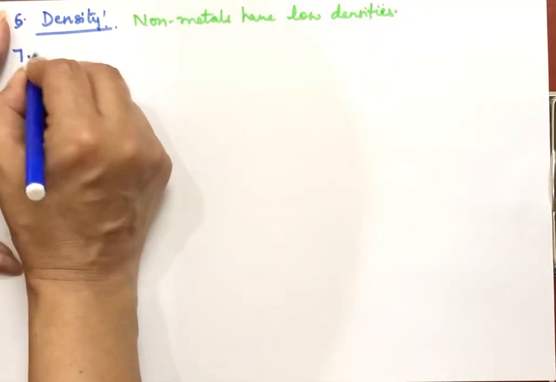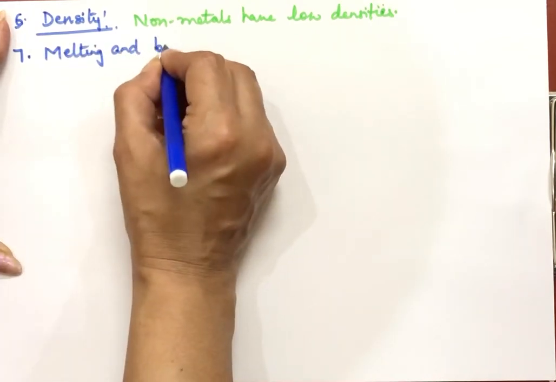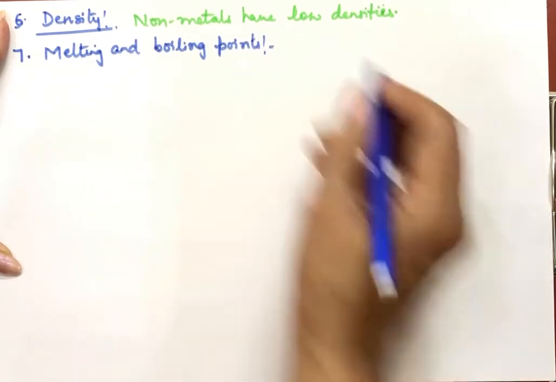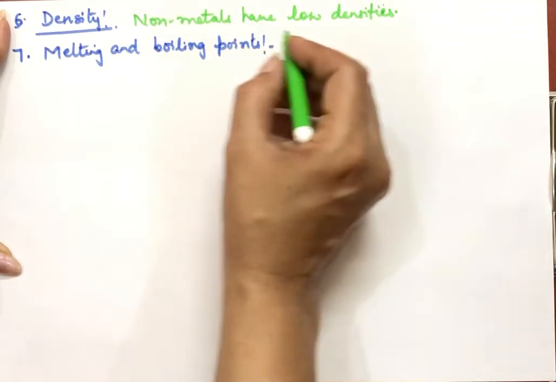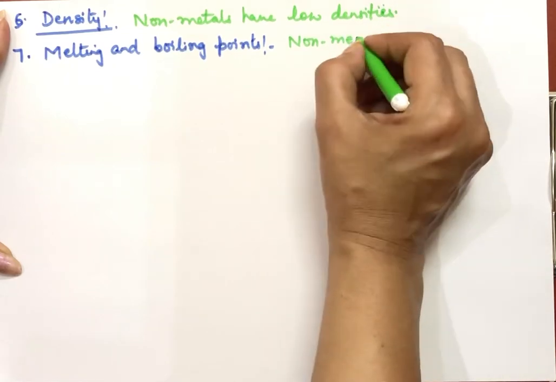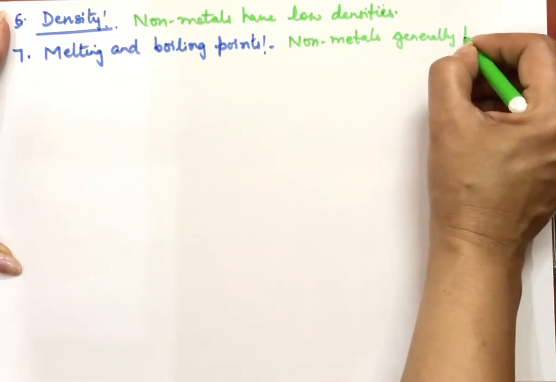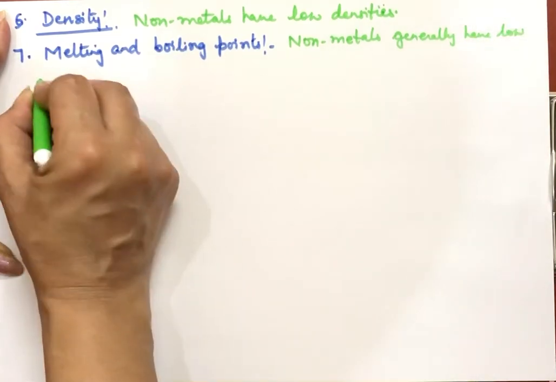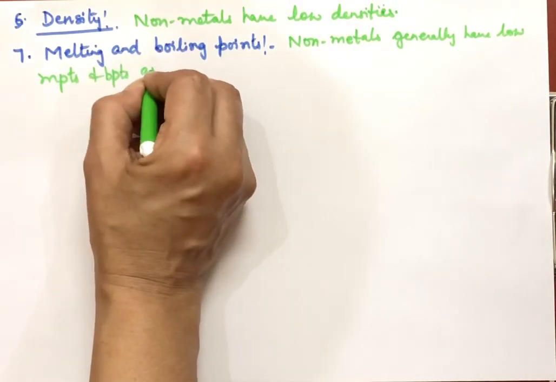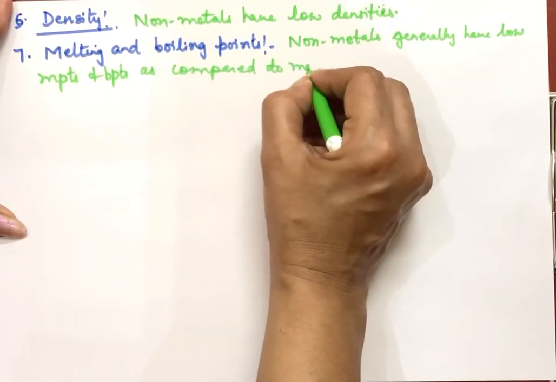The next physical property after density is melting and boiling points. Now, if non-metals are soft, that means they will have low melting and boiling points as compared to the metals. Non-metals generally have low melting points and boiling points as compared to metals.